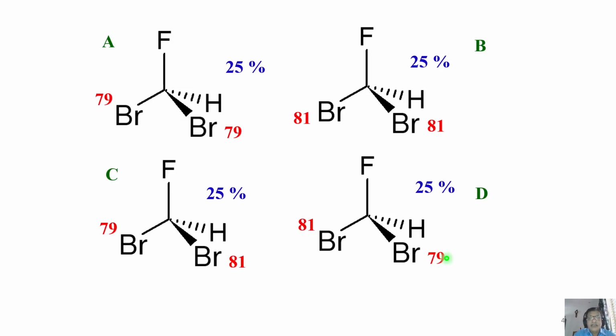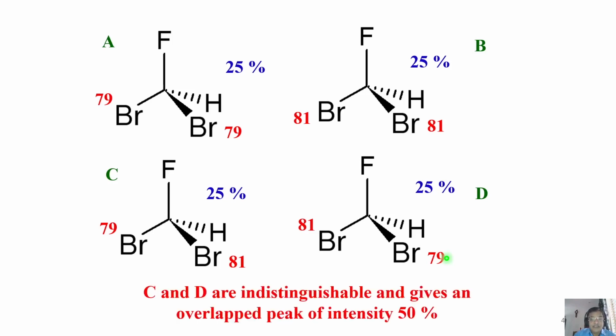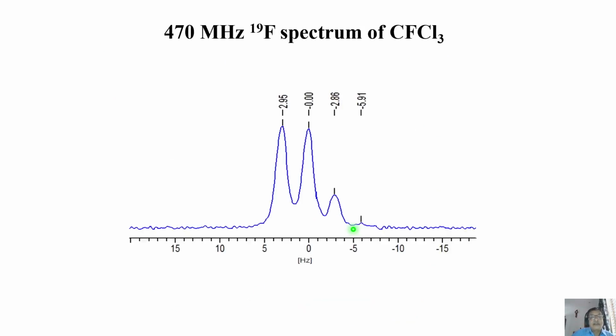Now, if you carefully see, C and D are indistinguishable. Whether the 79 bromine is here or here, whether 81 is here or here, doesn't matter, because these are indistinguishable isotopomers.